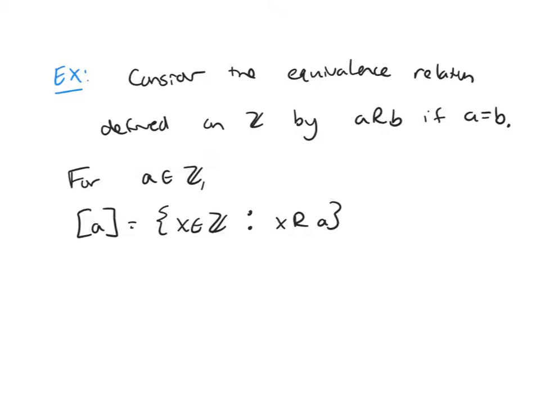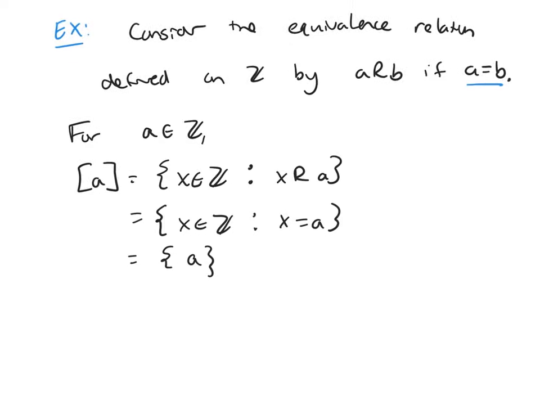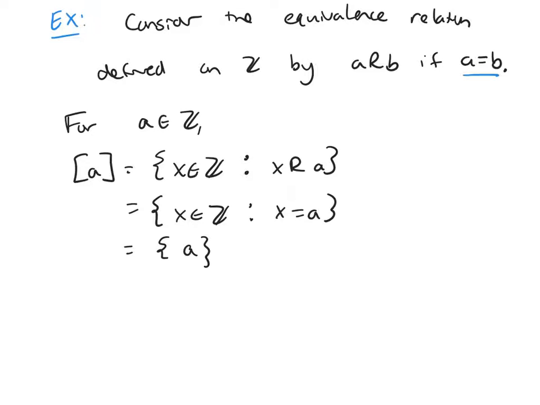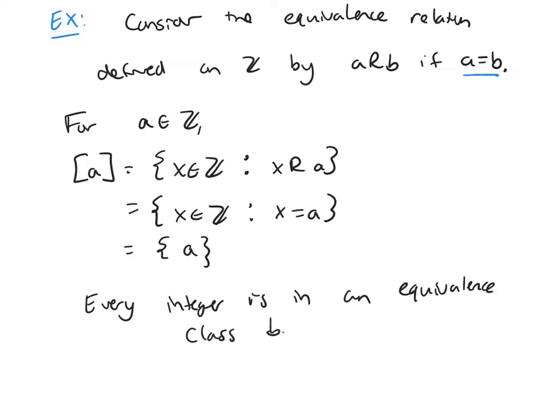Our relation is given by A equals B. So this is the set of all elements in Z where X equals A. Well, there's only one number, one integer that's equal to A, and that's A. So for this relation, I can say that every integer is in an equivalence class by itself.